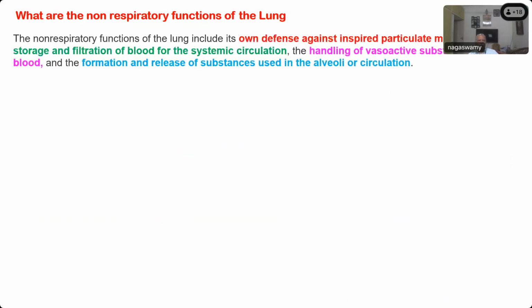Non-respiratory functions include defense against particulate matter, storage and filtration of blood for the systemic circulation, handling of vasoactive substances in the blood, and formation and release of substances used in alveoli or circulation. These are all the non-respiratory functions. Defense mechanism against particulate matter, it acts as a blood storage.